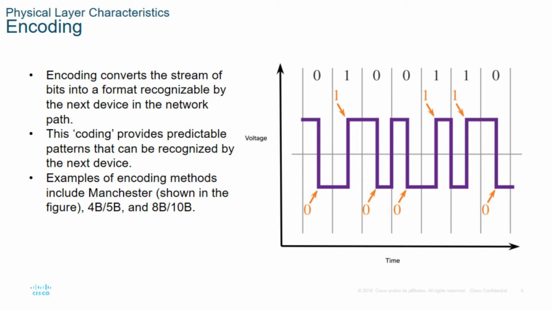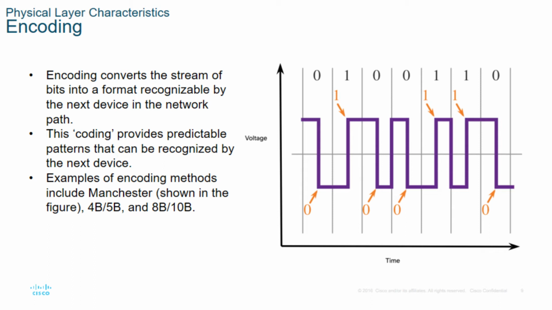For example, Manchester encoding represents a 0 bit by a high to low voltage transition, and a 1 bit is represented as a low to high voltage transition. An example of encoding is illustrated in this figure.